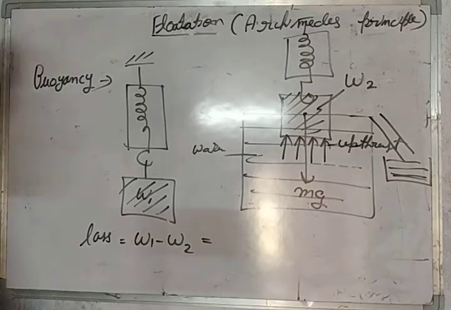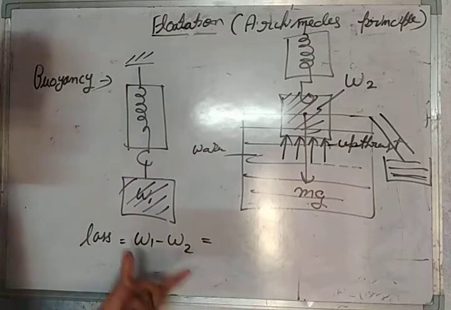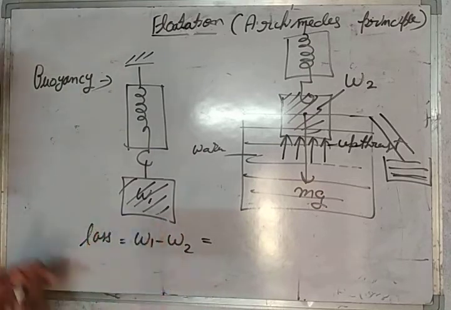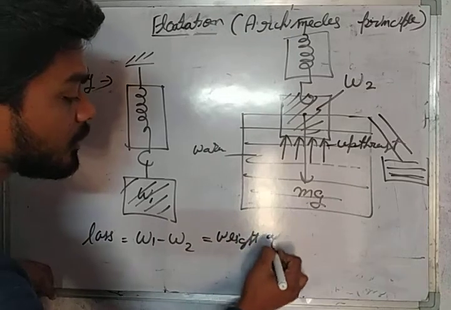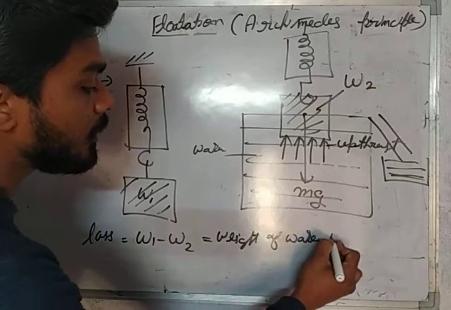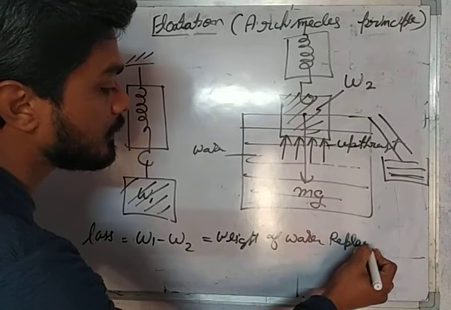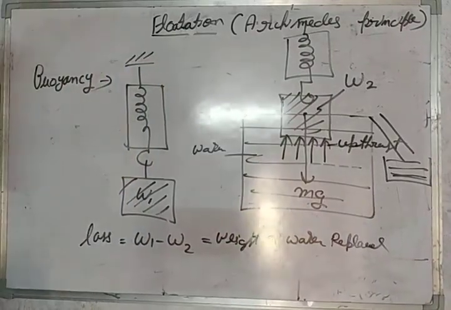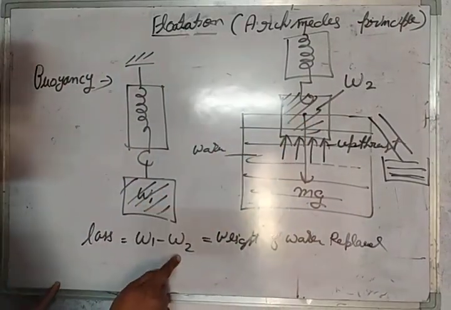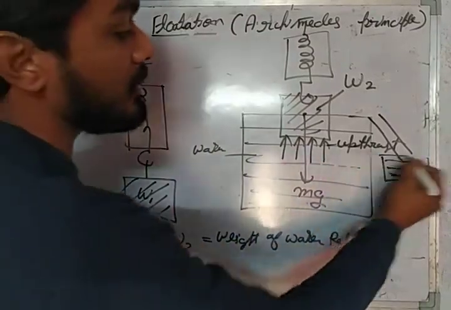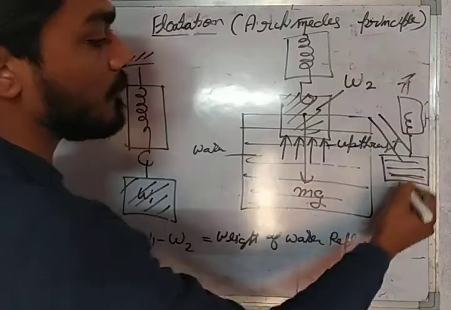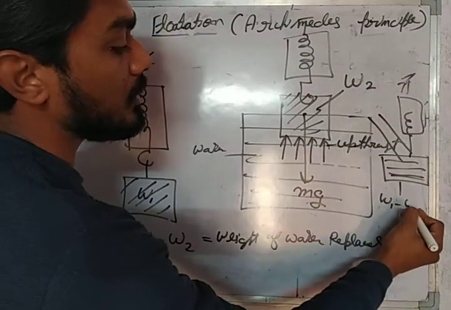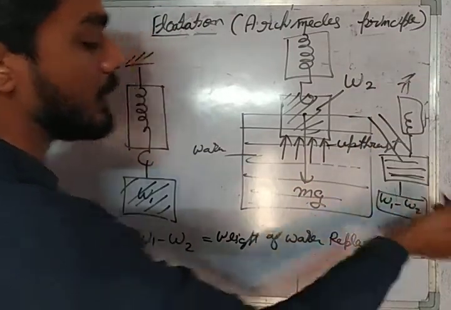And Archimedes explains that this loss in the weight will be equal to the weight of water replaced. If you find this loss in the weight, W1 minus W2, and if you weigh this replaced water, you will find the weight of the replaced water is equal to W1 minus W2.